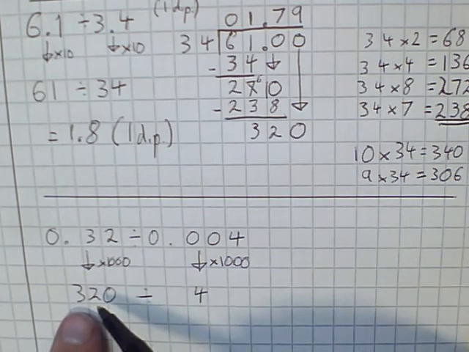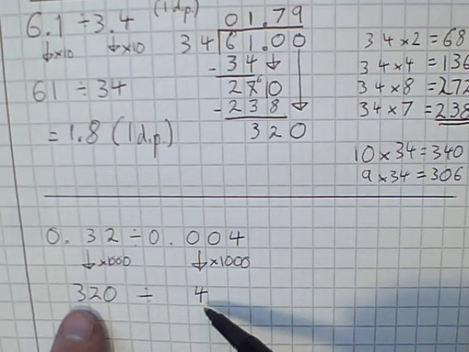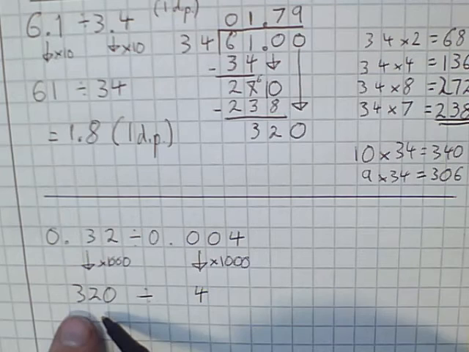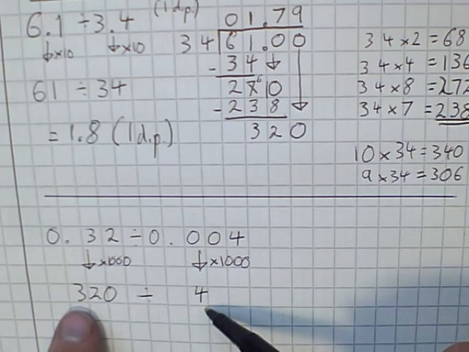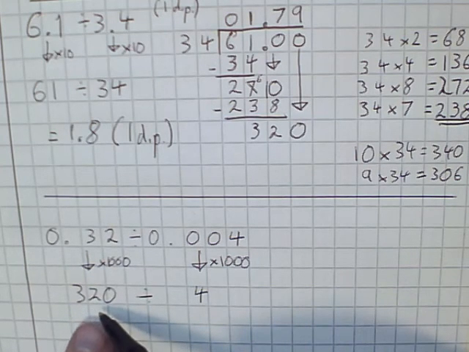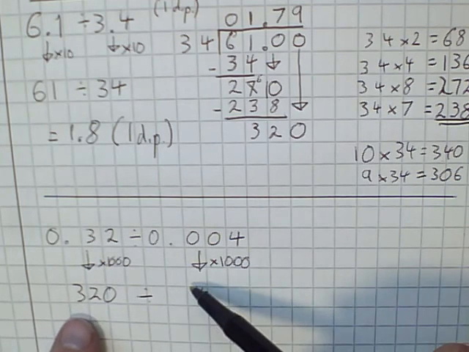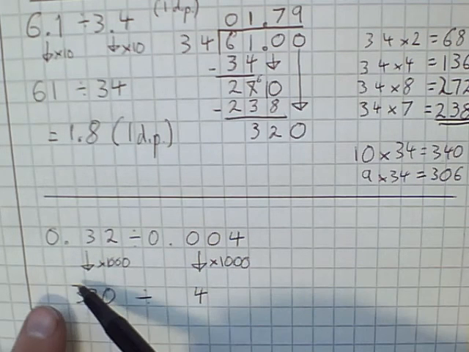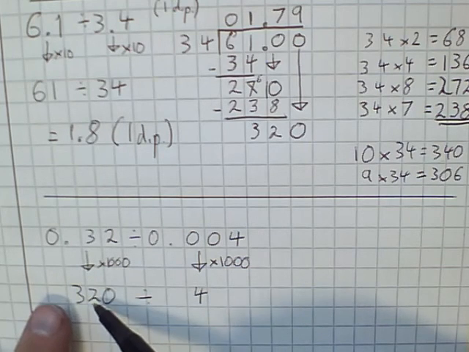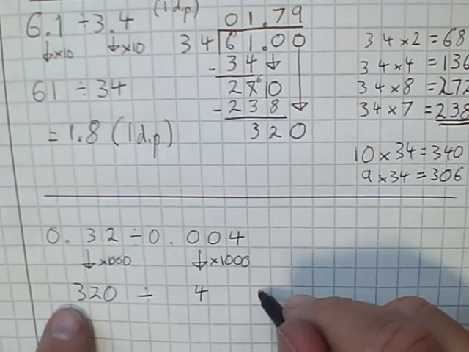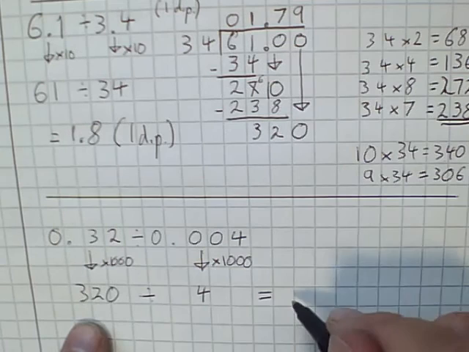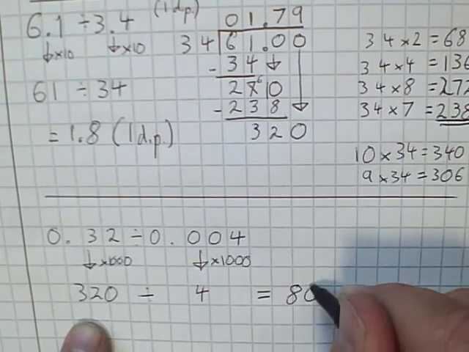You know that 32 divided by 4 is 8, so you should know that 320 divided by 4 is 80. And you also know that to divide by 4 you can halve and half again, so half of 320 is 160, and half of that again is 80, so my answer is 80.